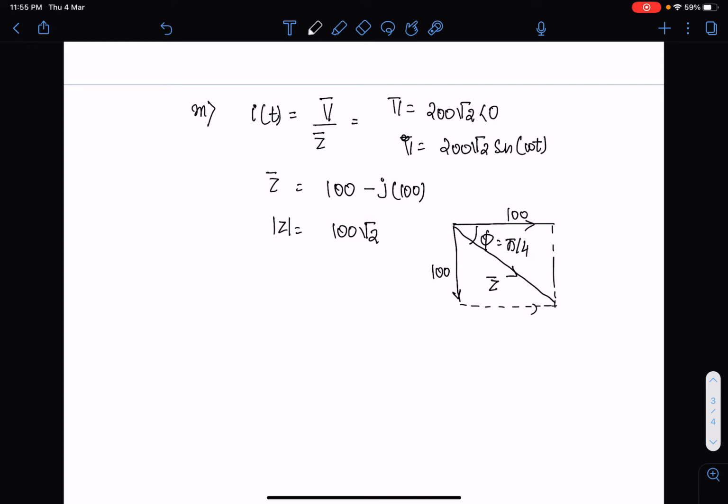It is angle pi by 4 below the x-axis, right? So Z phasor you can write as 100 root 2 angle of minus pi by 4. You will write minus pi by 4, because this Z phasor is below the x-axis. This is your reference line, and it is pi by 4 below the reference line, so you write 100 root 2 angle minus pi by 4.